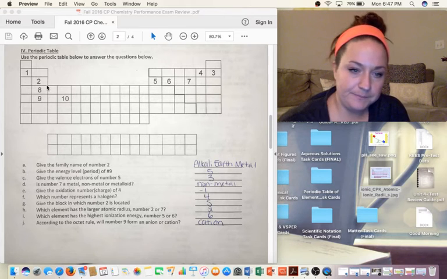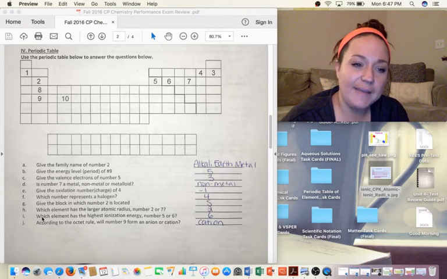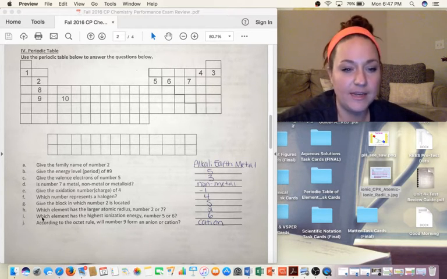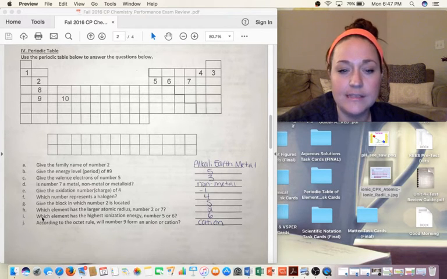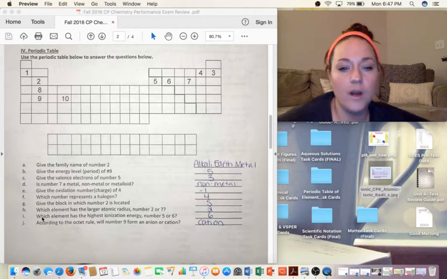All right. Which element has the highest ionization? Is it going to be number 5 or 6?